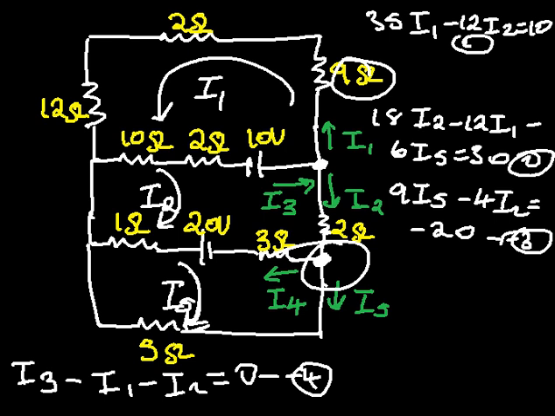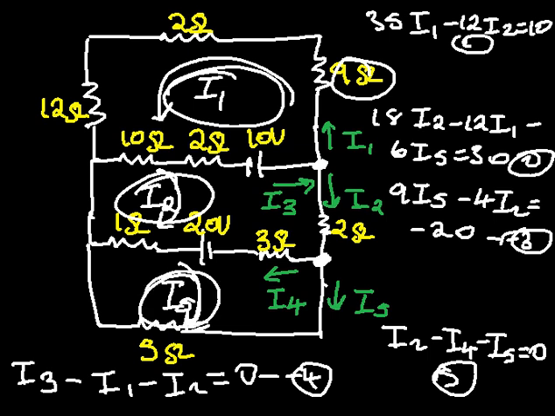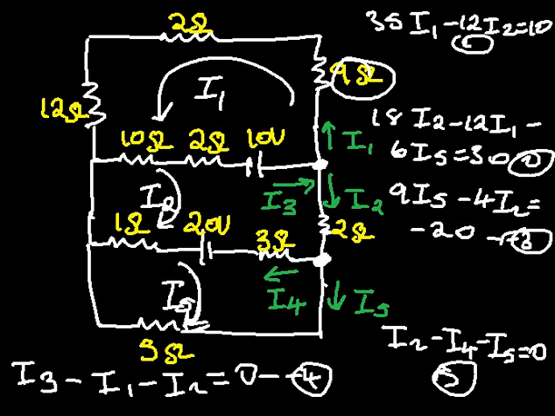For the second junction, we'll have I2 entering, minus I4 leaving, minus I5 leaving is equal to 0. That is equation number 5. So first thing, solve for I1, I2 as well as I3 simultaneously for these three equations. And just have to check on how you can solve those unknown values of the currents.